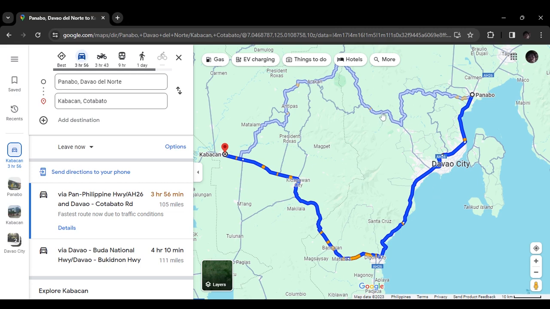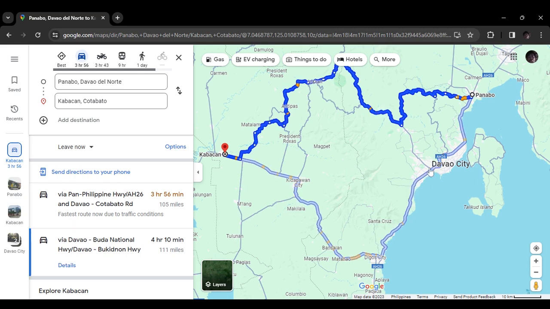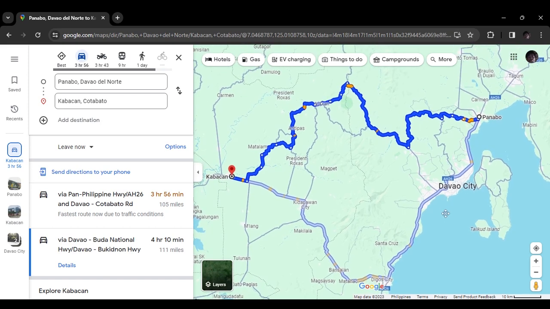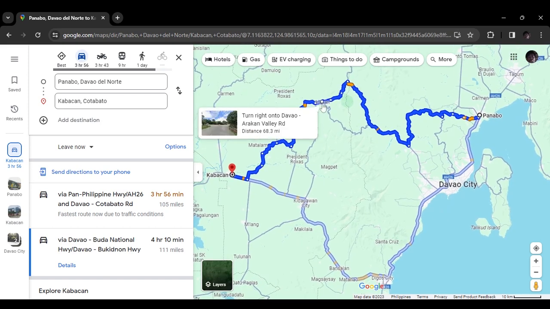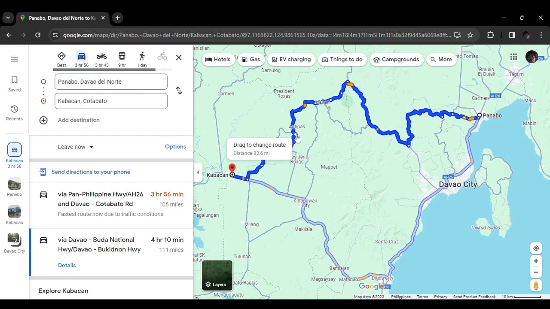However, if we take the second path, which is Panabo, then Arakan, Antipas, up until Kabacan, the distance is 111 miles, which will take us up to 4 hours and 10 minutes of travel. So, here we can conclude that Dijkstra's algorithm is being utilized.